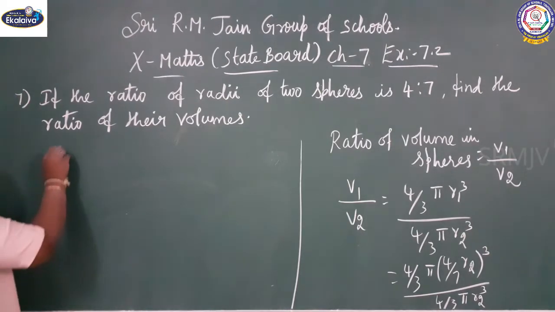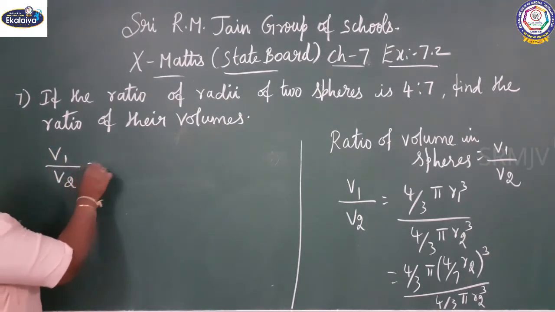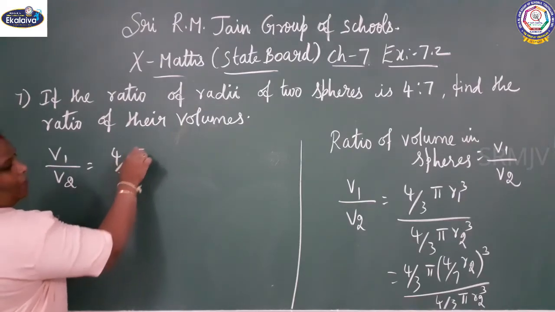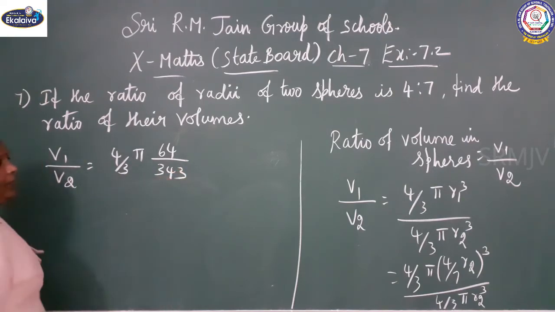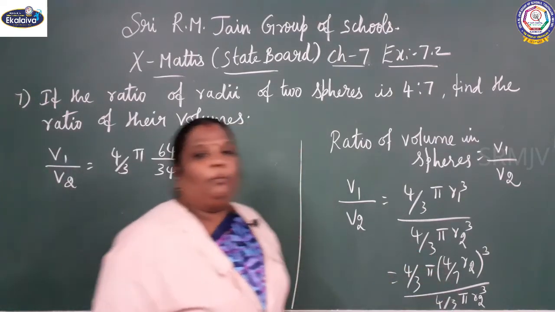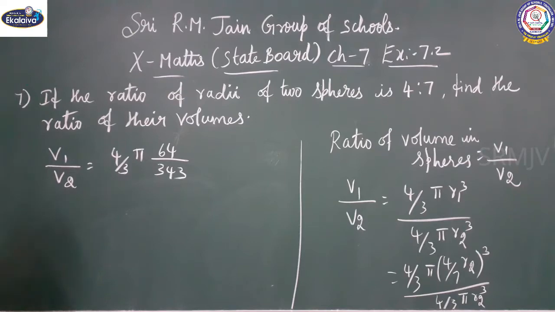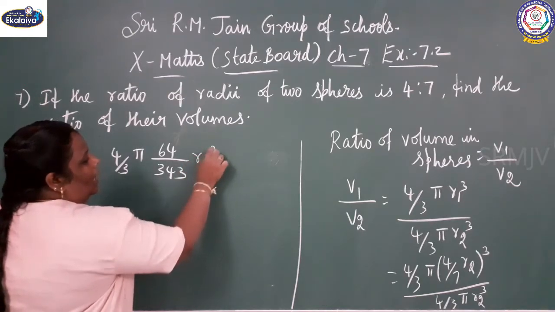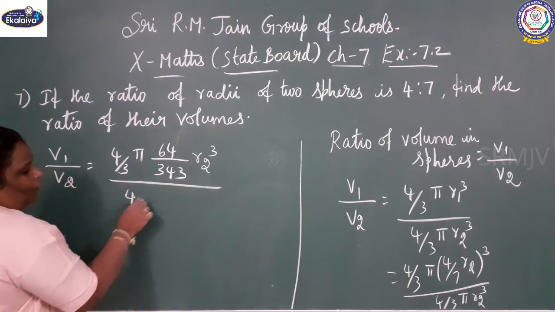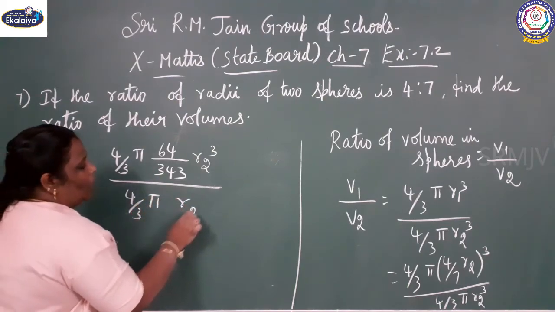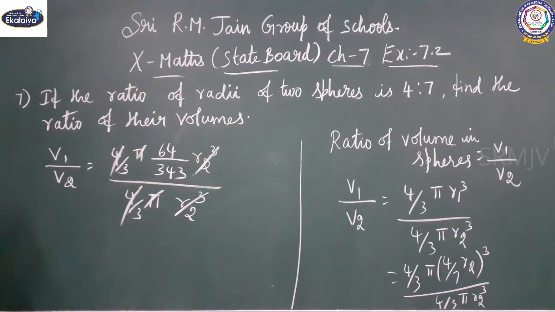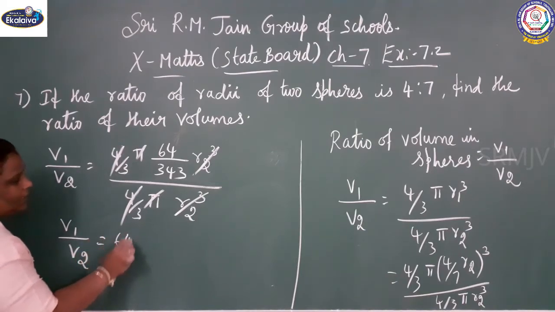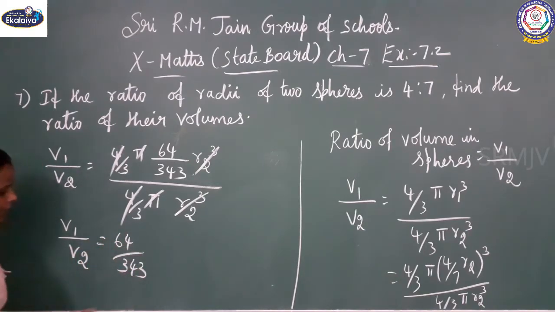See here, V1 by V2 equal to 4 by 3 pi into 64 by 343 R2 cube, by 4 by 3 pi into R2 cube. 4 cube is 64. R2 cube, pi and 4 by 3 get cancelled. V1 by V2 equal to 64 by 343.